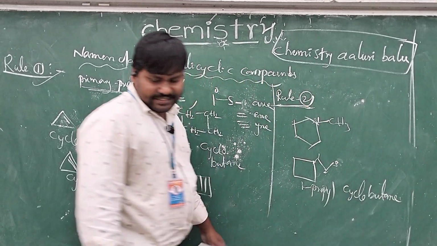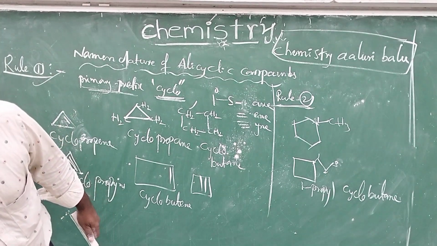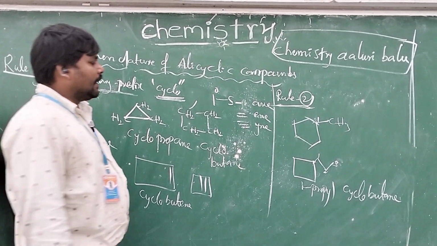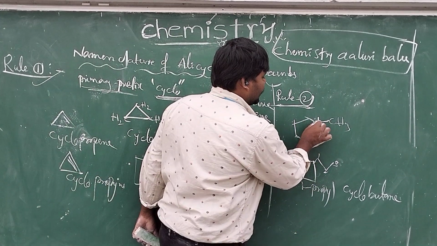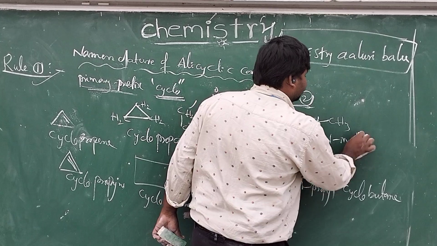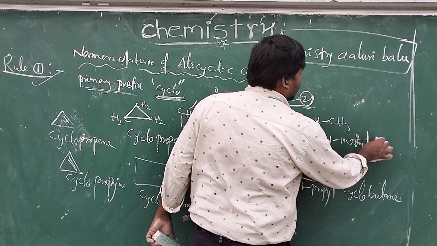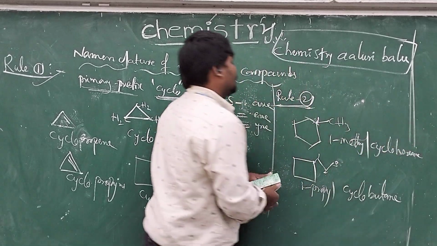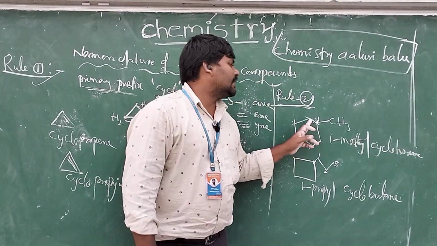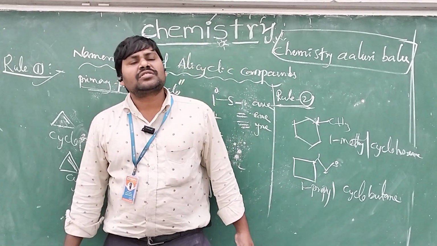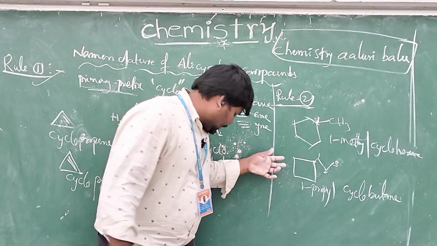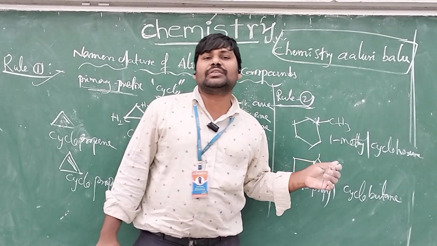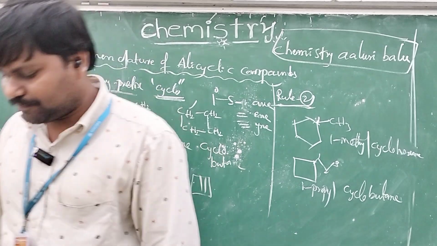So this is information about the second rule. 1-propyl. If you take this one, 1-methylcyclohexane. If the cyclic compound contains a substituent, we can give the position of the substituent with Arabic numbers, normal numbers.